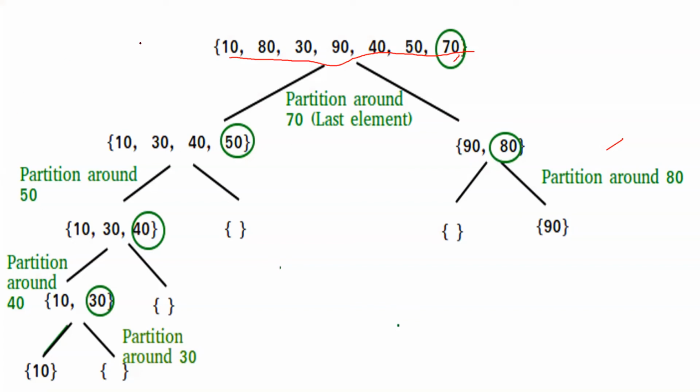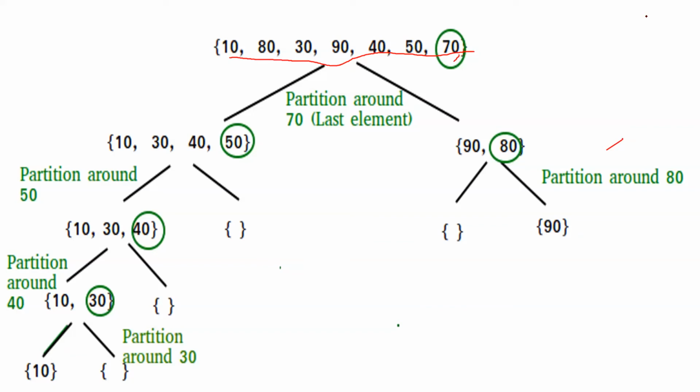What do we mean by partitioning? Partitioning around 70 means the elements on the left-hand side of 70 will be lesser than 70, and the elements on the right-hand side of 70 will be greater than 70. Is that clear?